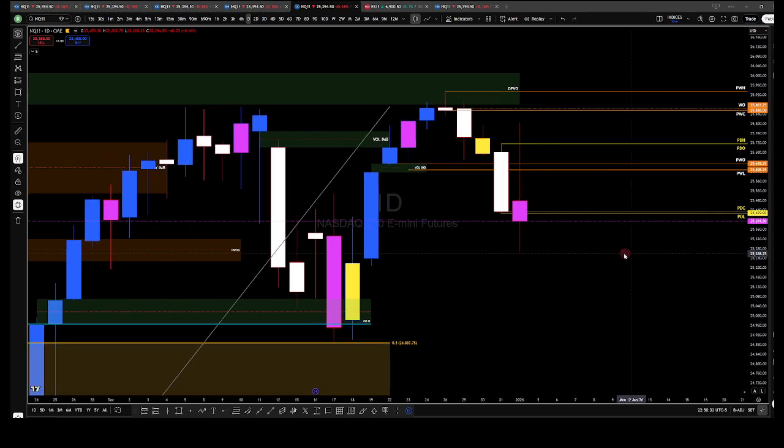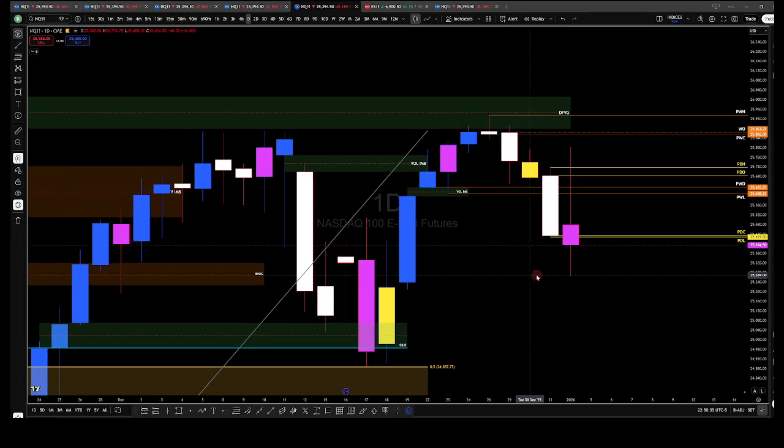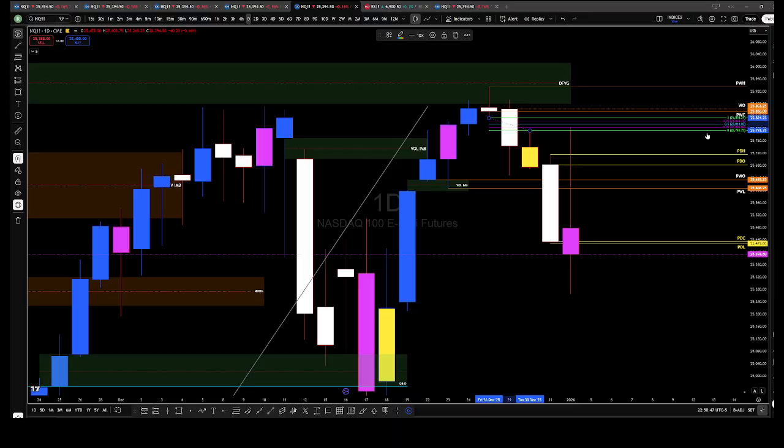If you ever heard about fair value gaps, the market tries to fill them, and there's a lot of precision on those concepts. That's what I like about them.